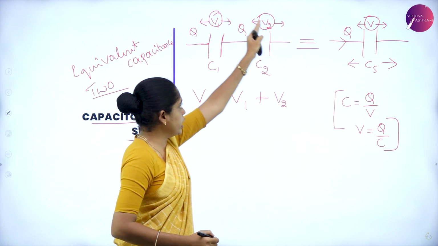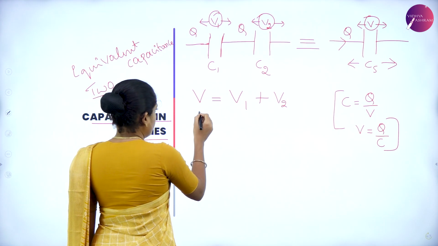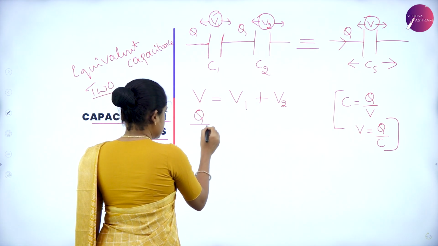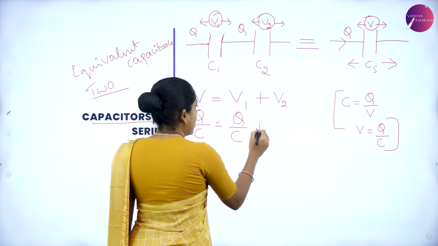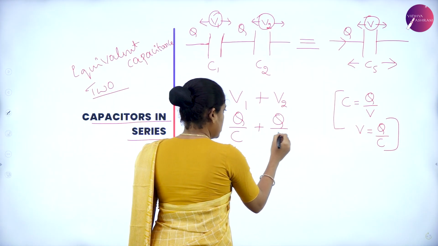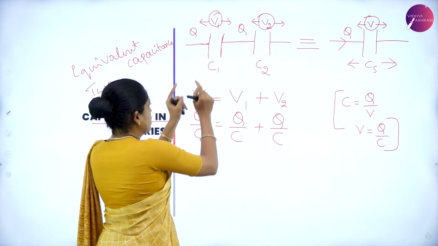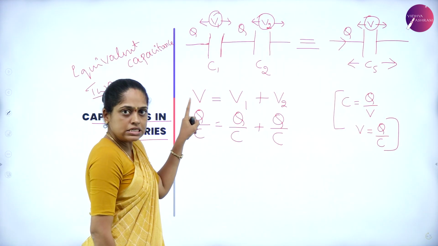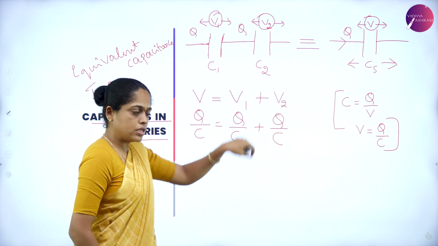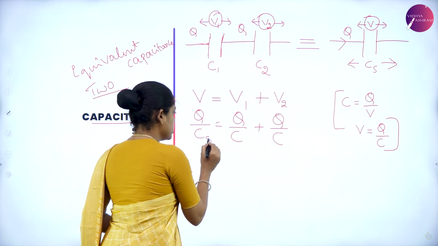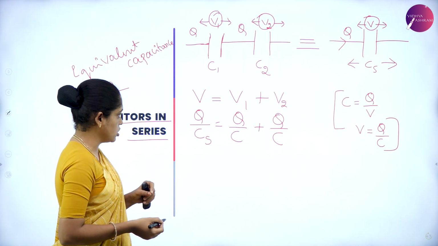As we have only Q and C in this diagram, V is equal to Q by C. Q is the same, but the C changes. This V is for a single capacitor, where we have considered S for the C, where S stands for series combination.